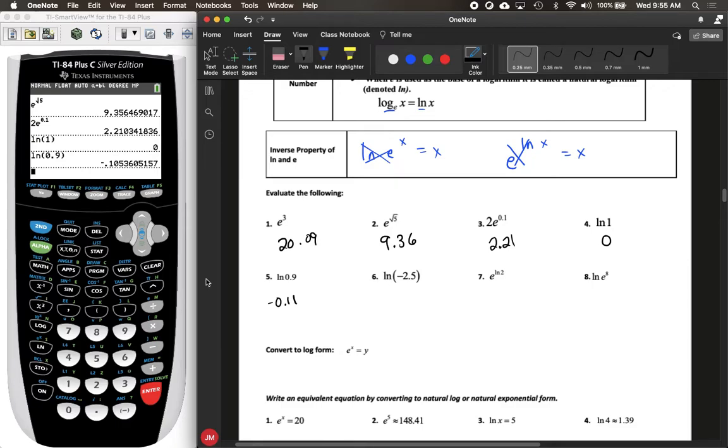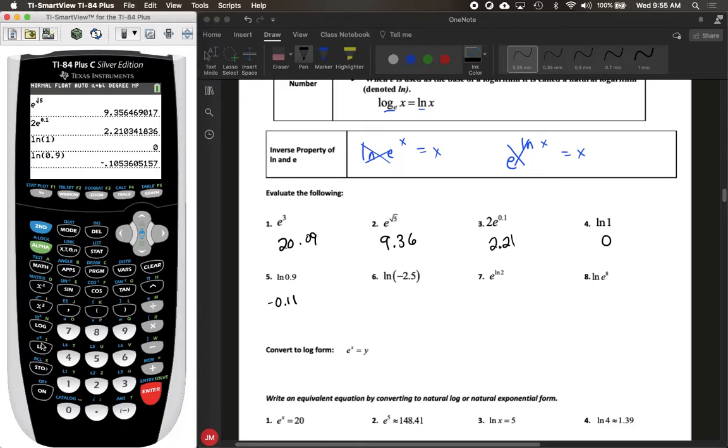Well, what happens if we try to take the natural log of a negative number? So the natural log of like negative 2.5. Well, now we're going to run into a problem. In fact, if it gives you a number, it's going to give you a number with i attached to it, because it's a complex number.